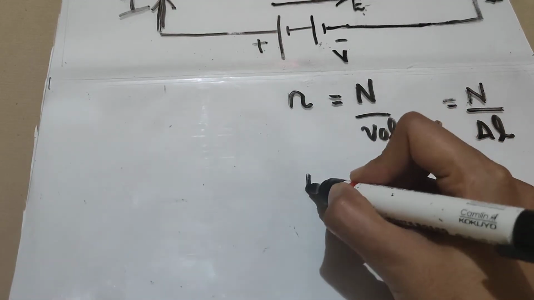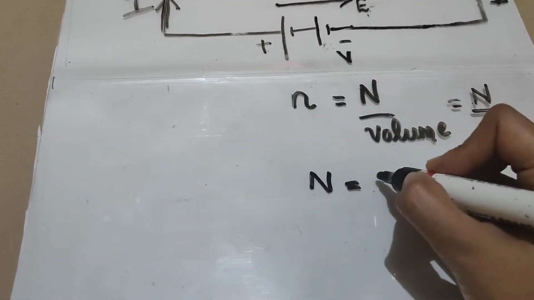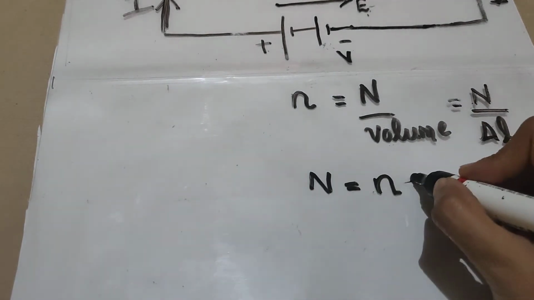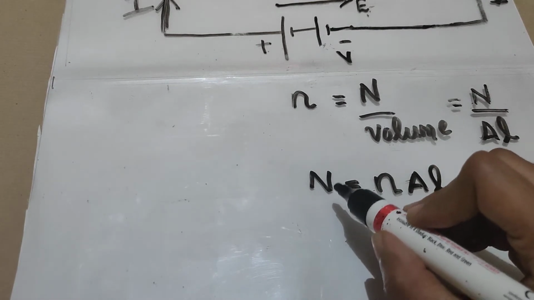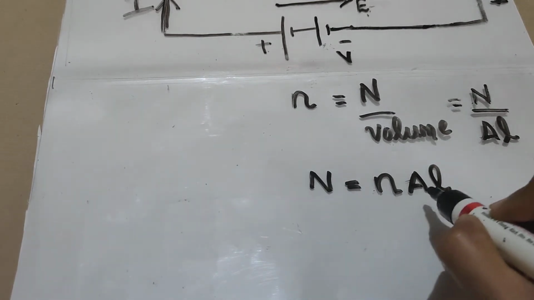So the total number of electrons N is equal to electron density into volume, that is, nAL. So the total number of electrons present in the conductor is nAL.